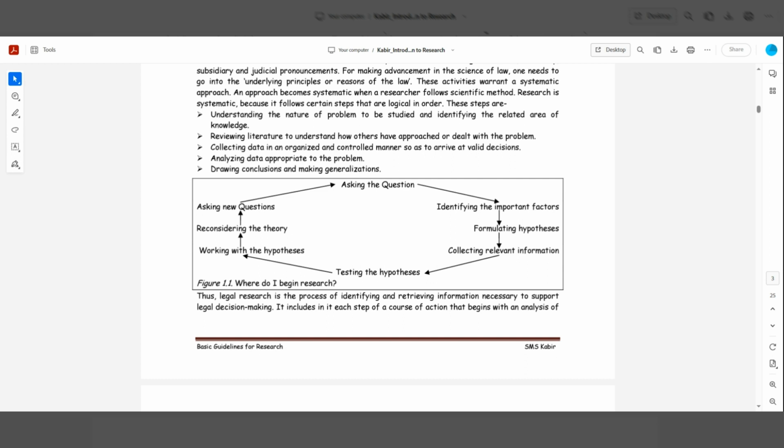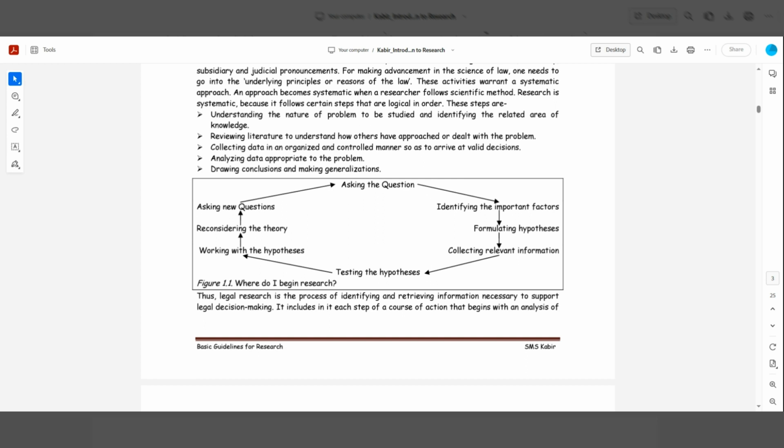What types of information are you even going to need? And then seeing if this information is leading you to be able to say that your thesis or hypothesis is right or wrong. Sometimes you're going to have to work with your hypothesis because it was a little too vague, and you have to tweak it a little bit.